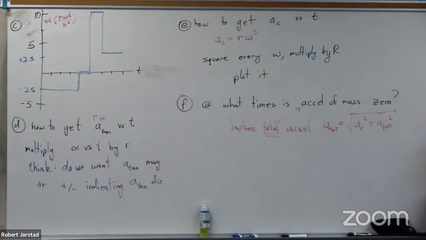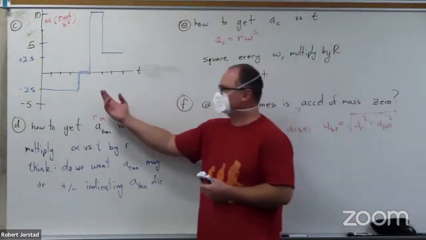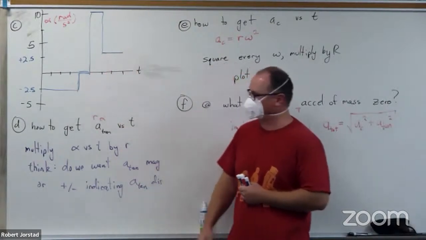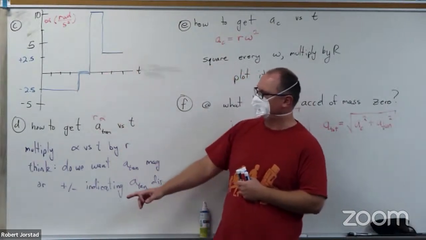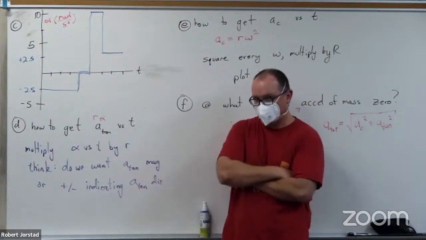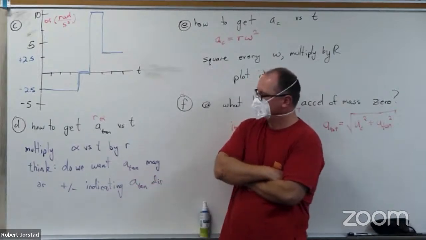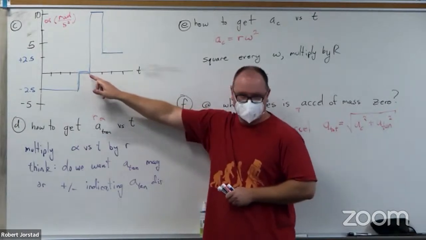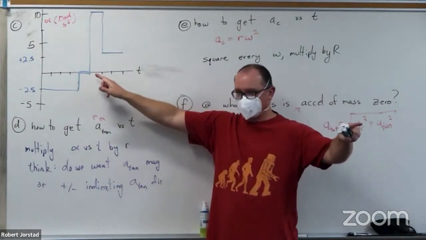Do you see any times where A total will be 0? In particular, do we see any candidates on this plot? At what time does this component of acceleration equal 0? When will A tan equal 0? Between 4 and 5 seconds, alpha is 0, so A tan would be 0.